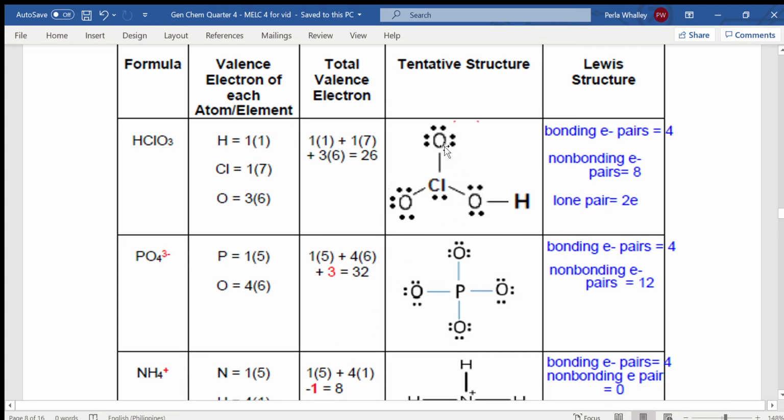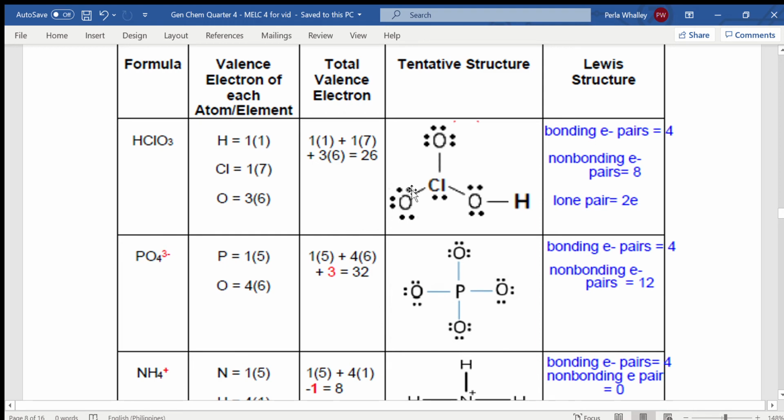For oxygen, to follow the octet rule, we already have a single bond here. So that is 2 electrons. So we need 6 more. So we put 3 pairs of non-bonding electrons. 1, 2, 3, 4, 5, 6. This is 2, so it becomes 8. The same with this atom.